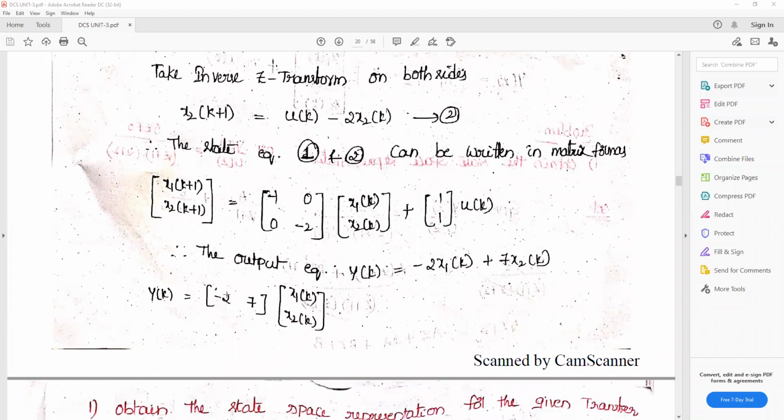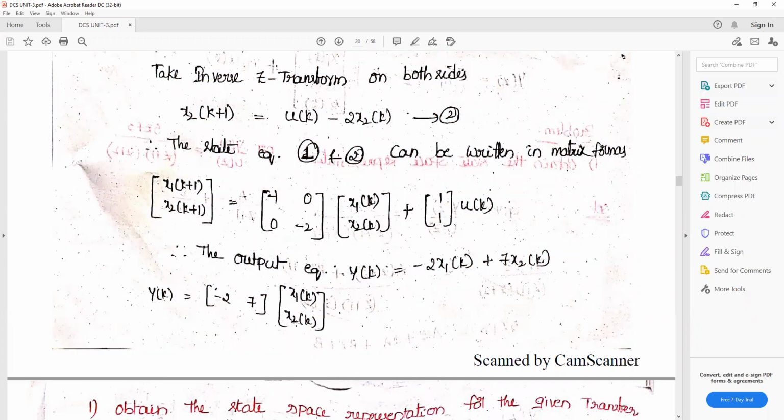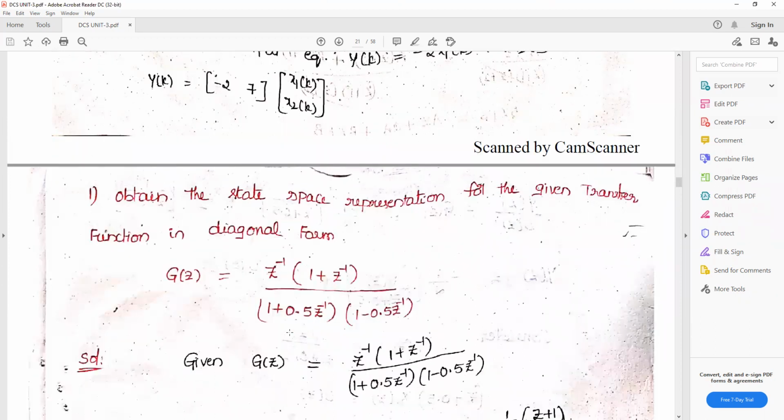So this is how we calculate the matrix form or state model. Using the diagonal canonical form, this is the procedure to obtain the state space representation.